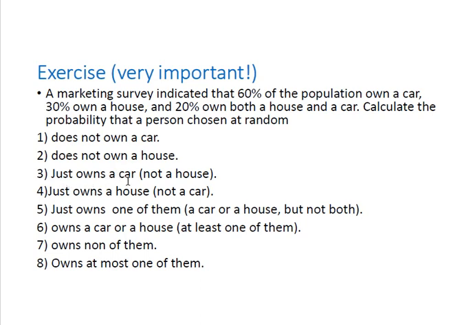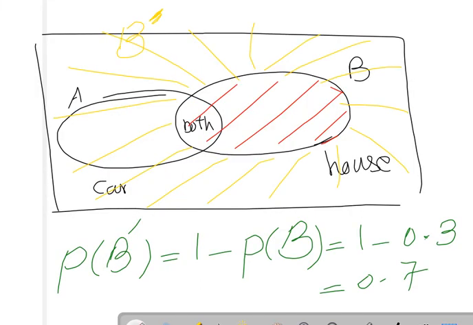Just owns a car, not a house. It doesn't mean that you always see this part. Maybe you just see, okay, calculate the probability that a person chosen at random just owns a car. Okay, for this part, again, for 3, I think 3.